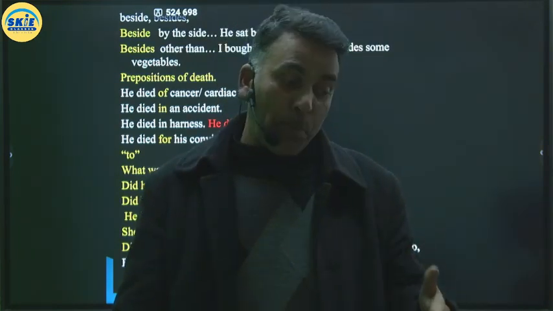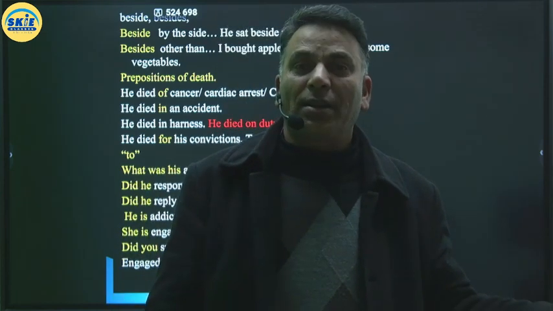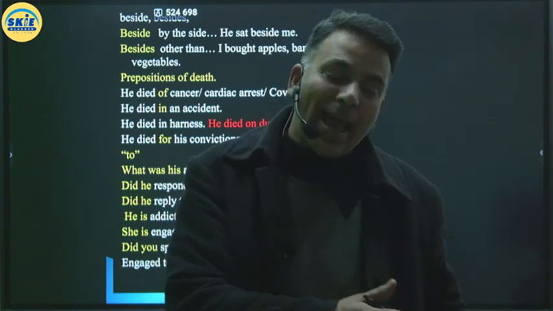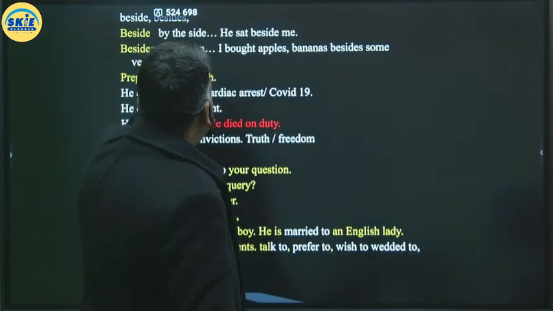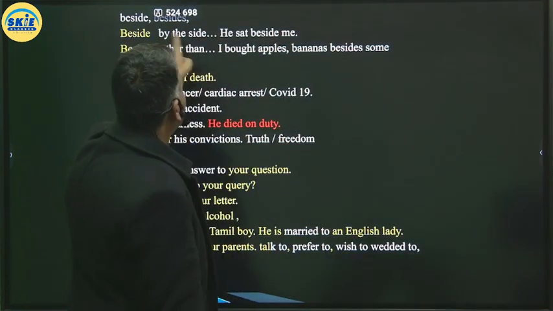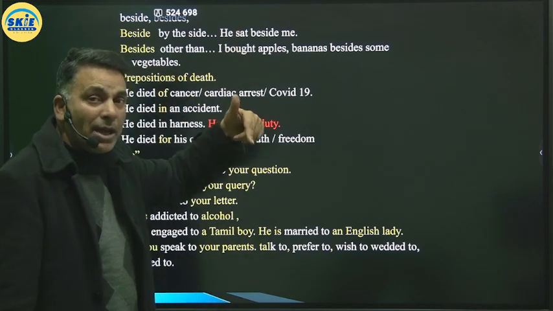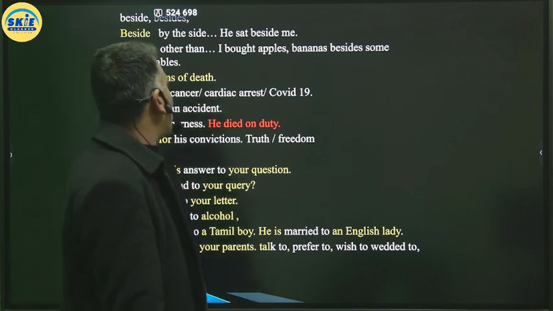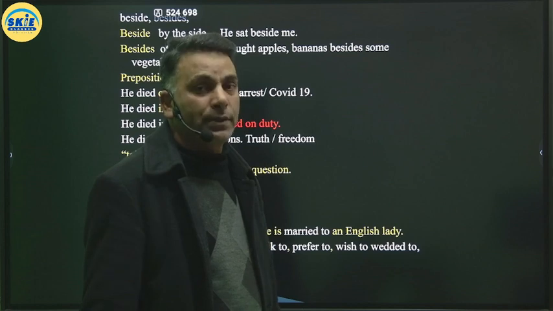Jack sat beside me, besides Sally and Harry. You can use both in the same sentence. All right? So beside, by the side; besides, other than, in addition to. Okay? For example, I bought apples, bananas, besides some vegetables. Right?